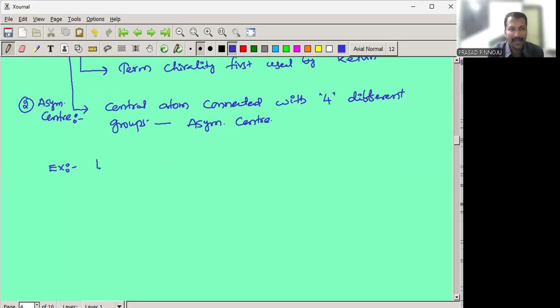I'm going to take lactic acid. What is the formula of lactic acid? CH3CHOHCOOH. This is lactic acid.